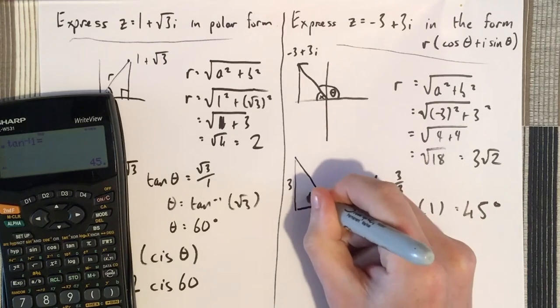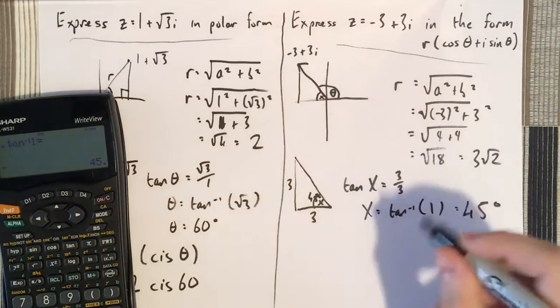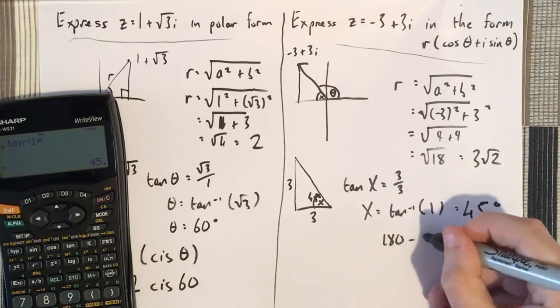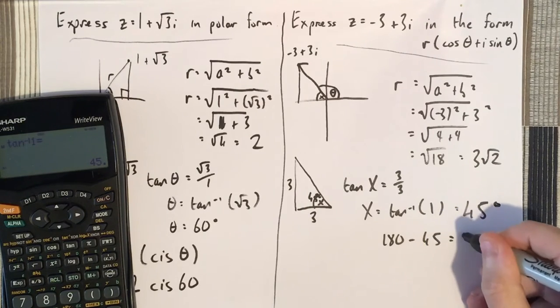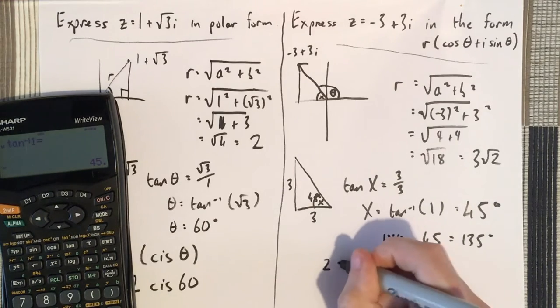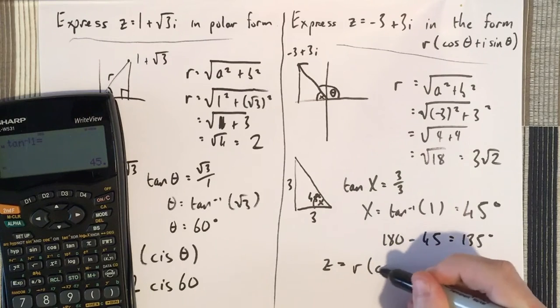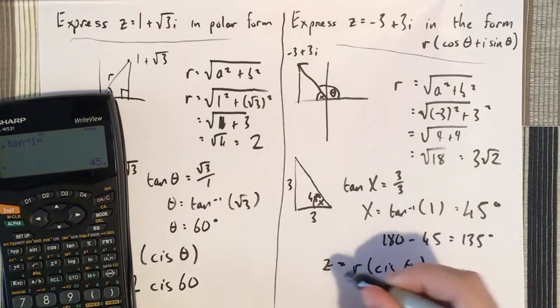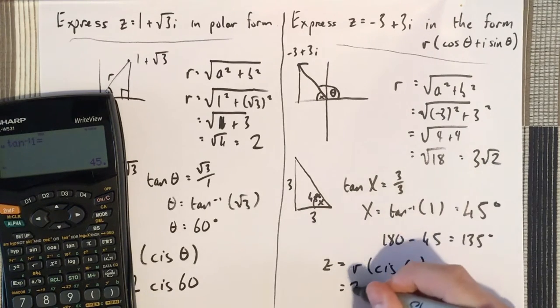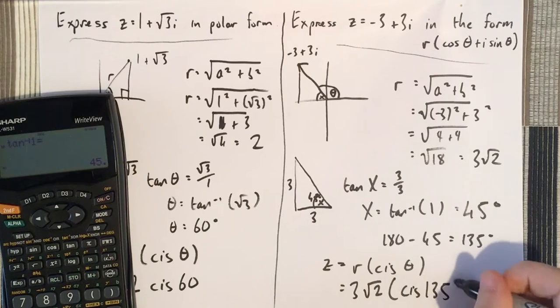So if this angle here is 45, then the theta I'm looking for is 180 minus 45, which is 135 degrees. So in polar form, which is r cis theta, I've got 3 root 2 times cis 135.